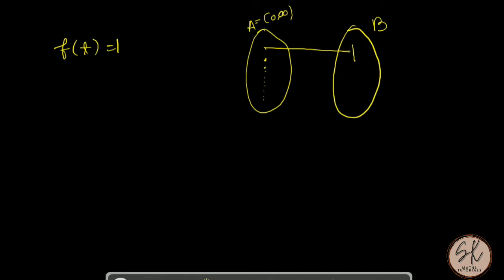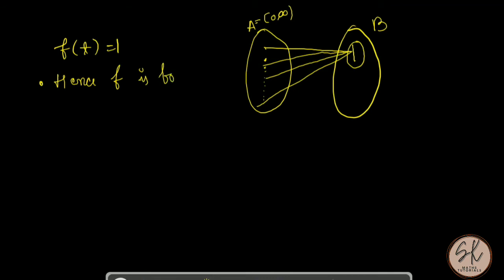A function is said to be bounded if its range set is bounded, and here its range set is 1 only, which is bounded. Hence f is bounded.